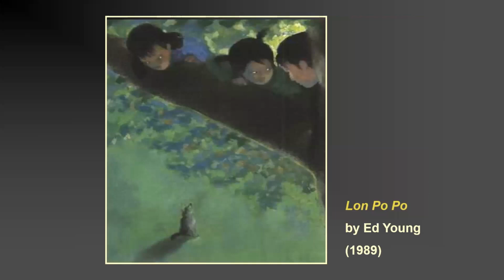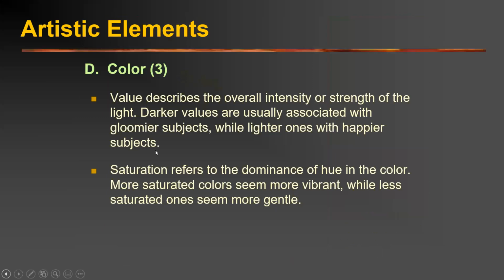Okay? Again, let's check value and saturation. Again. Describes overall intensity. The darker the picture, the gloomier, the darker the themes, the subjects. Lighter ones, happier and subject. Saturation refers to the dominance of hue in the color.